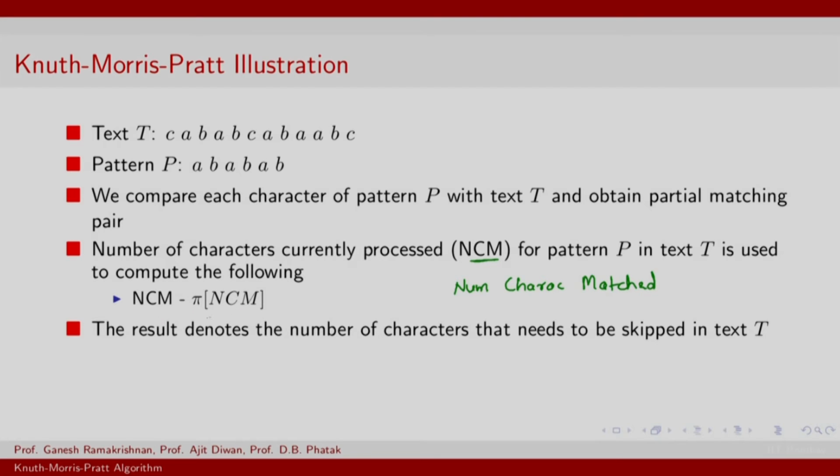So pi NCM is going to tell you the longest prefix of P that is a proper suffix of the pattern that ends at NCM. So this denotes the number of characters that need to be skipped in text T. So NCM minus pi NCM are the characters that you know will certainly not match in text T, which you could skip. Let's illustrate this.